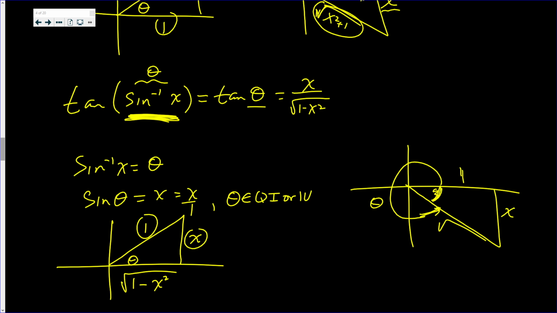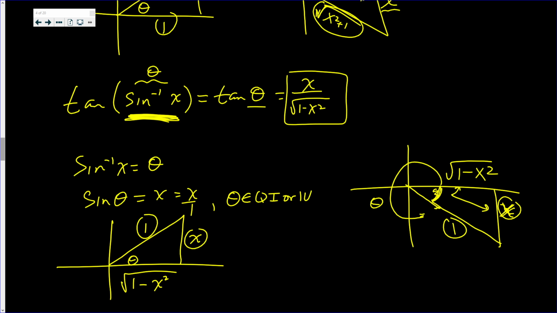The sine of the angle is x over 1, so the opposite is x, the hypotenuse is 1. This leg is the hypotenuse squared minus the other leg squared. And the tangent of this angle is opposite over adjacent. Same exact answer.